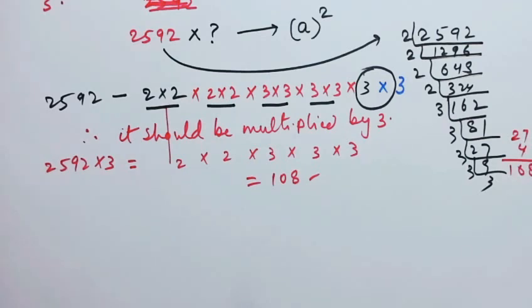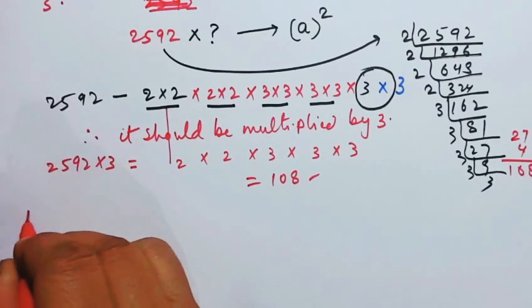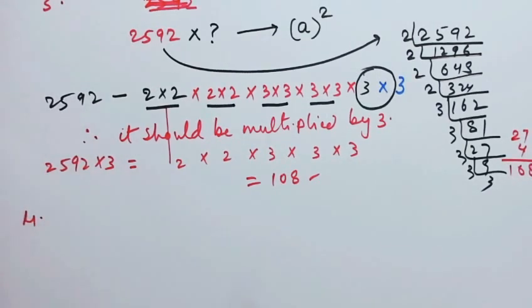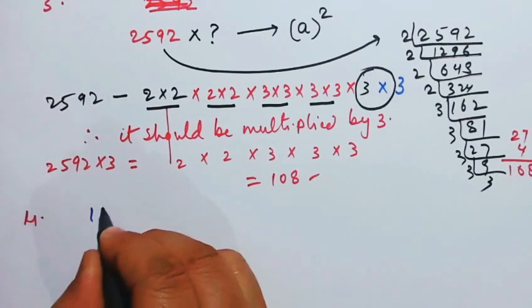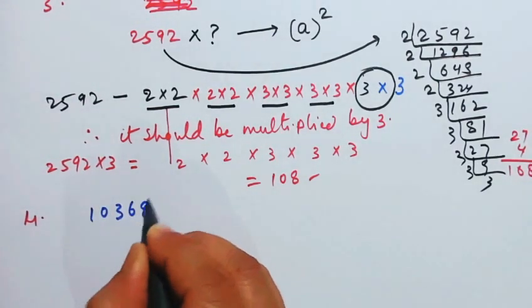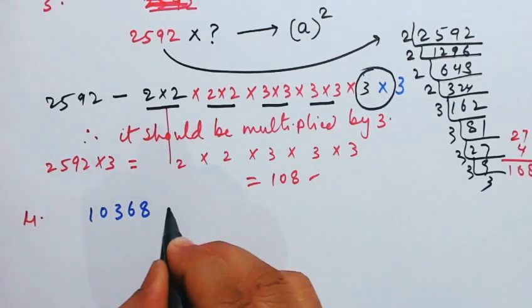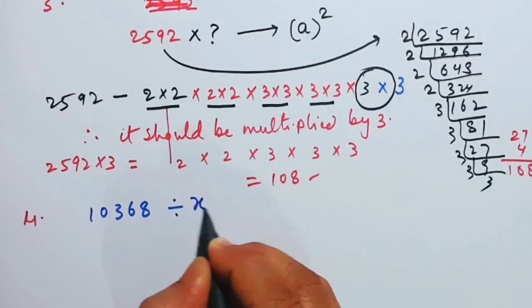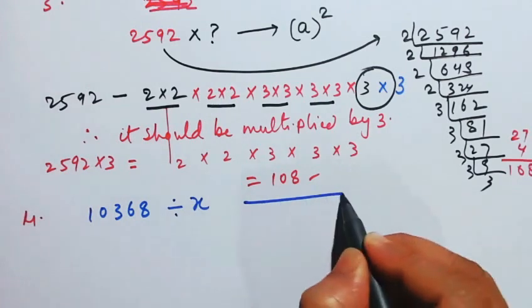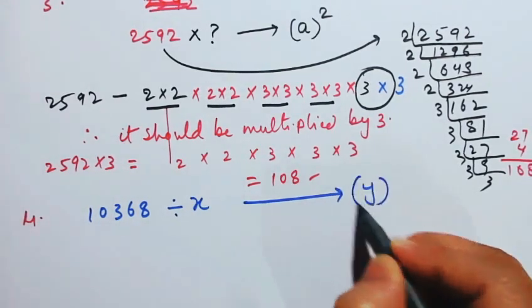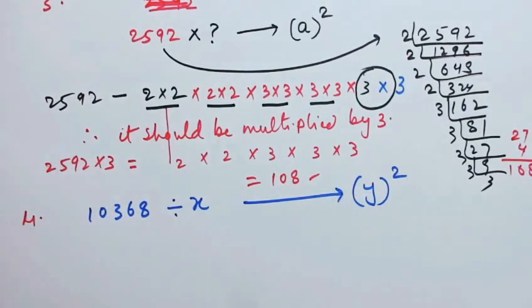Okay. Now let's come to the next one, that is number 4. It says find the smallest number by which 10368 should be divided. You are going to divide by which number so that you can convert it into a perfect square?